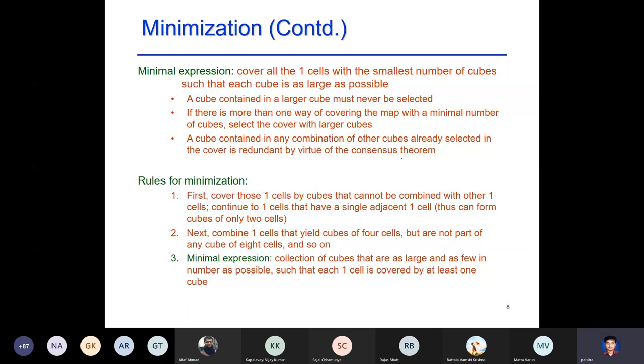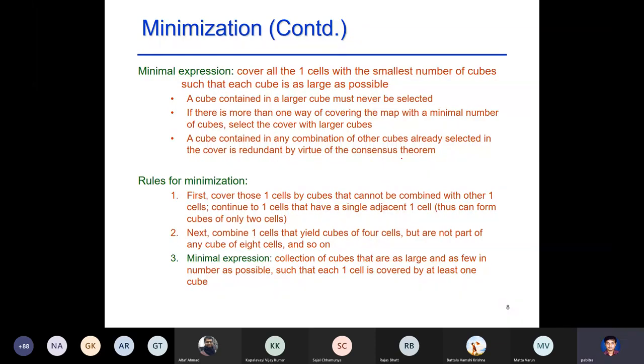Cover all the true min terms, the one cells, with the smallest number of cubes. So you should try to minimize the total number of cubes that you are using. And if you have two possibilities where you are covering all the cells and your total number of cubes is also the same, you should try to make each cube as large as possible.